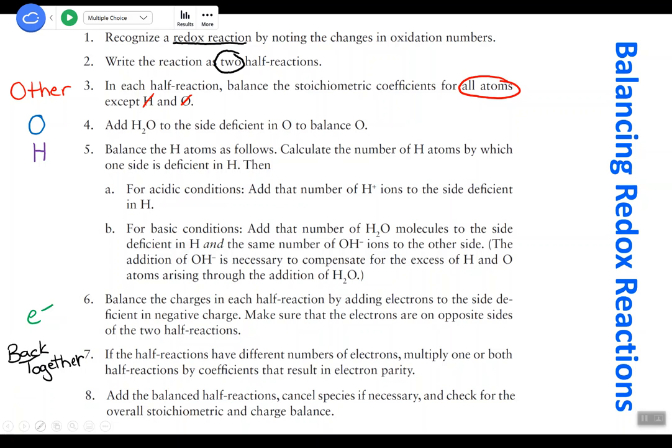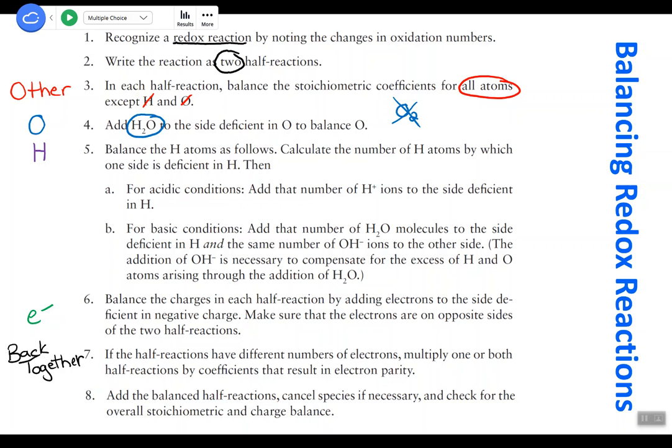Then we want to balance the oxygen. Now we can't just add O2, because in solution, we don't have a lot of O2. We can't just add atomic oxygen, O, because we don't have that in sufficient concentration either. Maybe up in the stratosphere, we might have some atomic oxygen, but not enough meaningful oxygen down here.